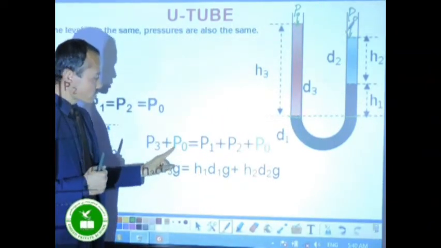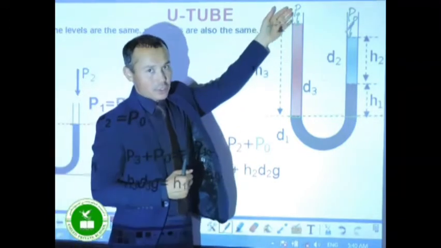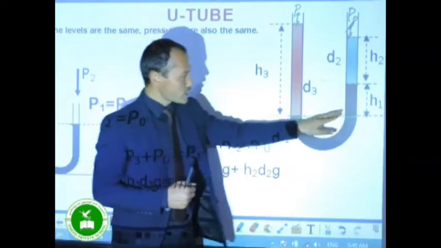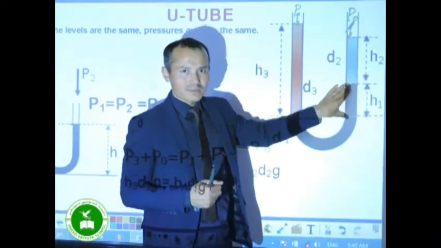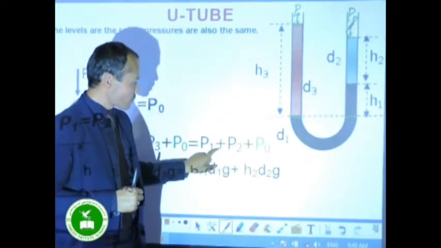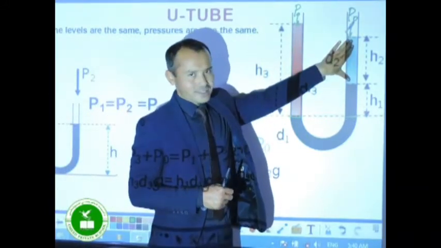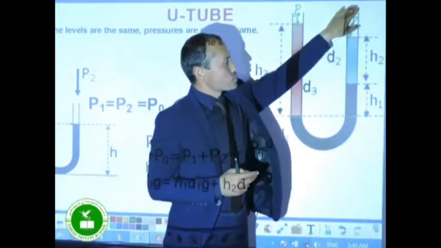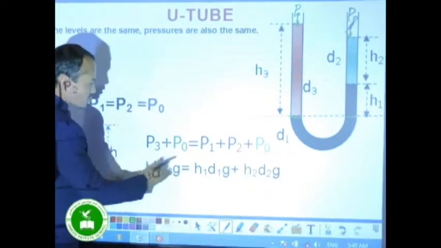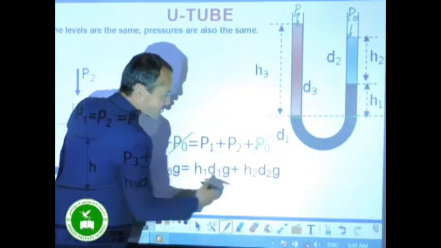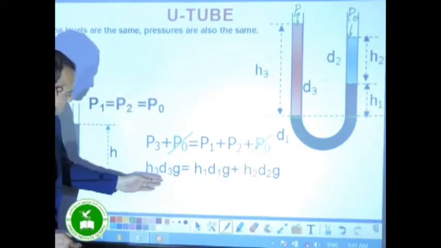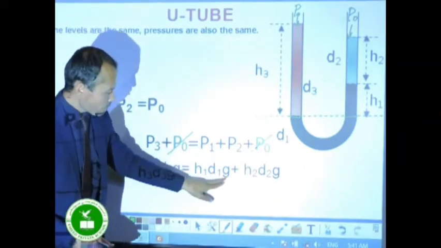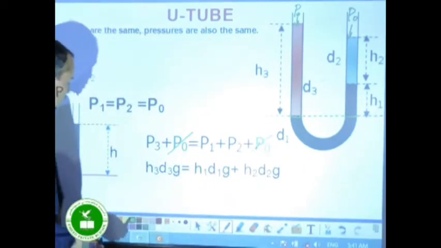P3 plus another pressure here, we have P0, equal to, on this level, pressure of first liquid, P1, plus pressure of second liquid, P2, plus air pressure. Air pressure, we can cancel them. Now, pressure of third liquid is equal to pressure of first liquid plus pressure of second liquid.